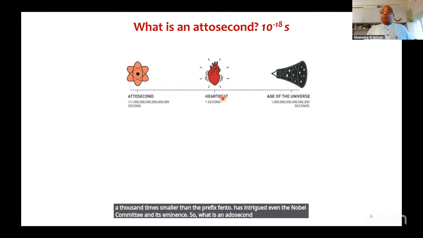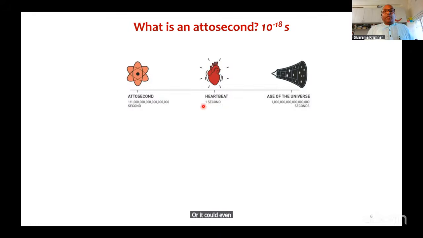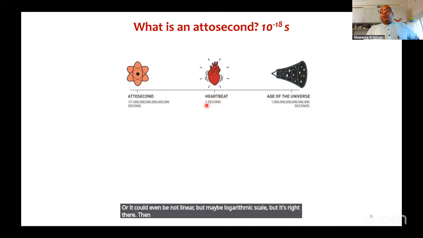So, if we put the heartbeat, which is approximately 1 per second for humans, at the center of this linear scale, or it could even be not linear, but maybe logarithmic scale, but it's right there, then the age of the universe in terms of the number of human heartbeats would be 10 to the 18 seconds, or 10 to the 18 durations of a human heartbeat.